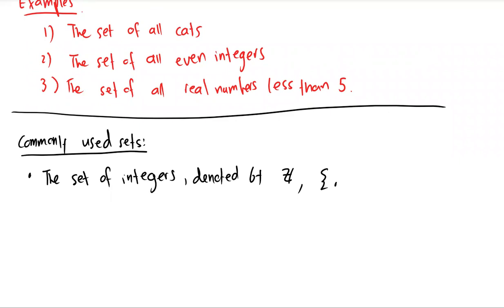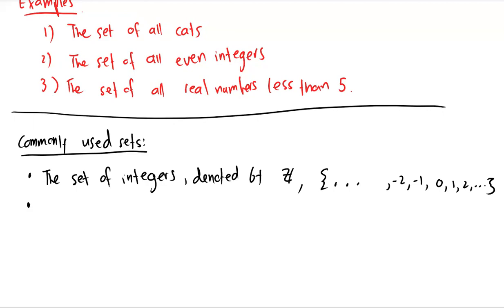Well, there's infinitely many, so I can't list them all. I'm just going to list a couple: -3, -2, -1, 0, 1, 2. Basically, this is the idea. What's the set of integers? It's just all of the counting numbers and their negatives, including 0. Okay, so that's the first set that we're going to be using a lot.